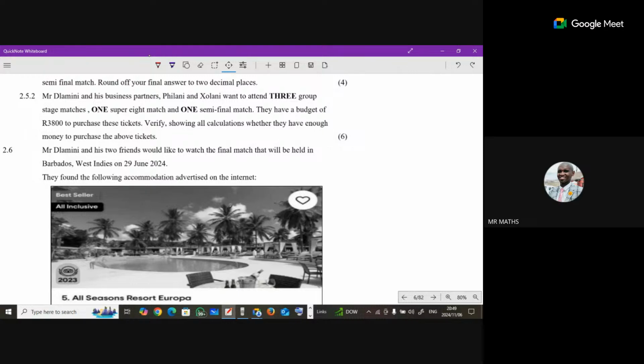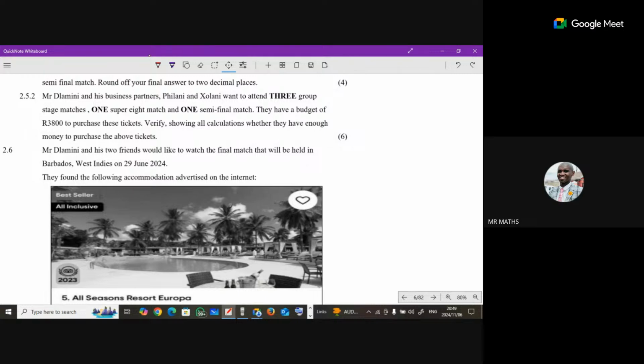Okay, Mr. Dlamini and his business partner Pilani and Polani want to attend 3 group stage matches, 1 Super 8 match and 1 semi-final match. They have a budget of 3,800 to purchase these tickets.